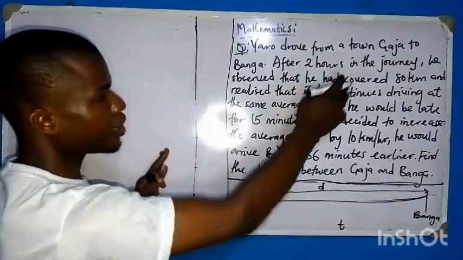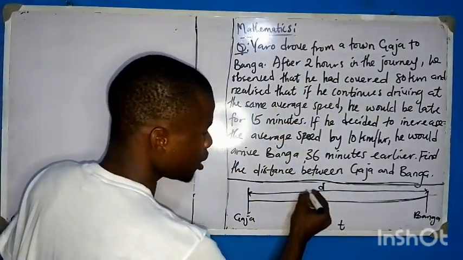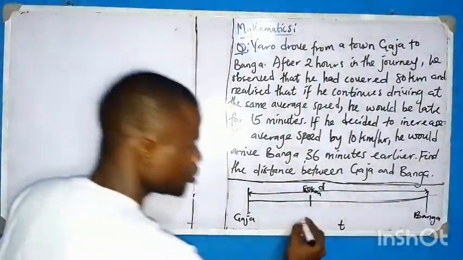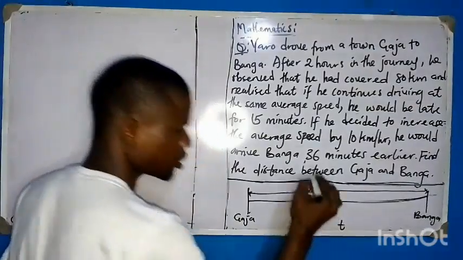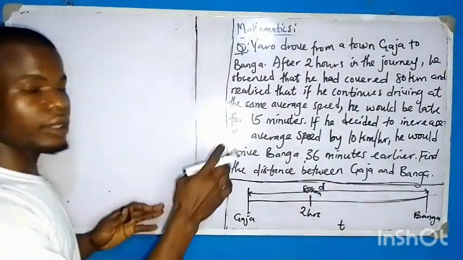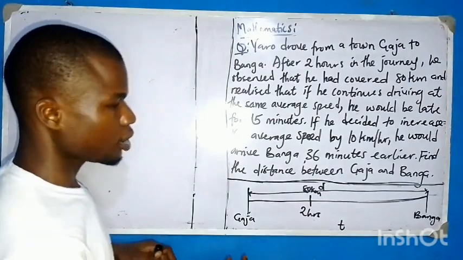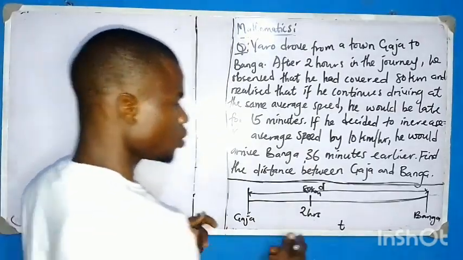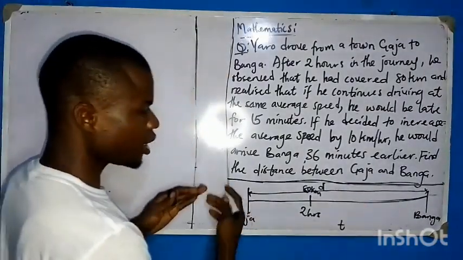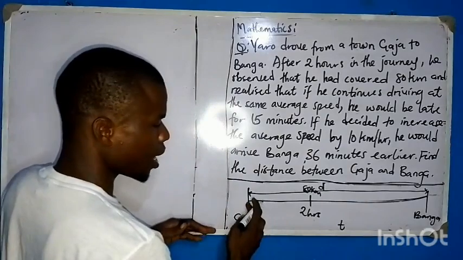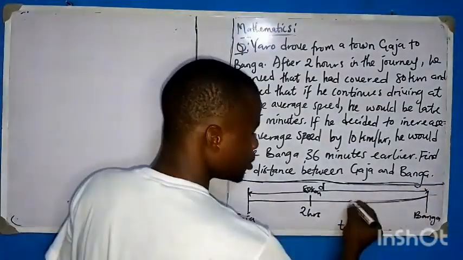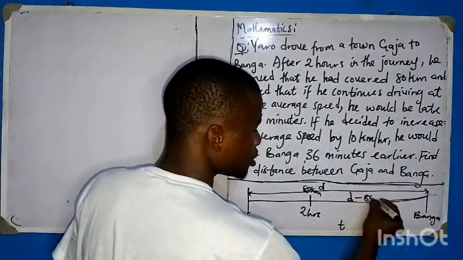Now, from the first part, he had traveled 80 kilometers and used 2 hours. That's what he's saying. While the rest of the journey, if he continues like that, he will be late. So since he had traveled 80 kilometers, from Gaja to this place is 80 kilometers, and the rest is D minus 80.